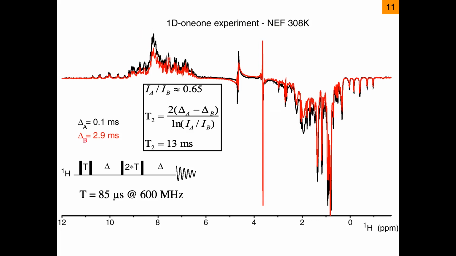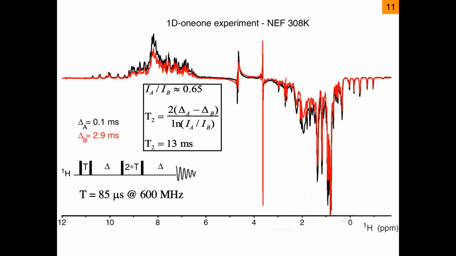And on the Bruker system, you can easily scale them onto each other, and you get a factor between the two. And then from the logarithm of this factor between these two intensities and the knowledge of the deltas that you have used, you can calculate the T2. So in this case, it was 13 milliseconds.